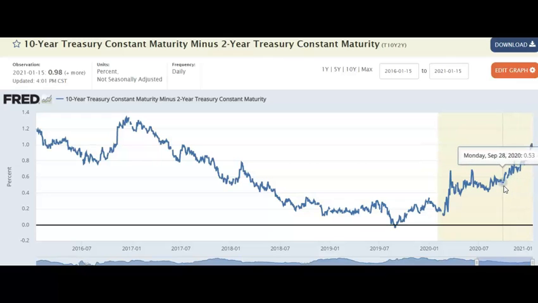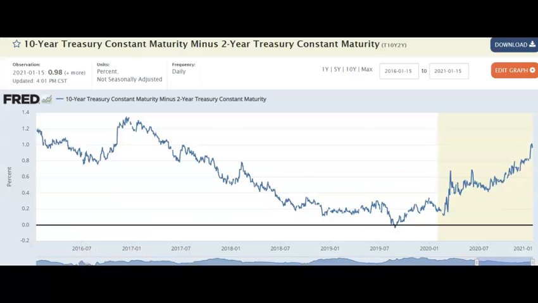So the larger this gets, the higher this yield curve goes, it means that banks are going to make more money on interest income. And again, it may mean that investors on Wall Street may start moving a lot of money into big banks because they expect inflation expectations to go higher, longer term rates to go higher, and that yield curve also to go higher, or the gap between long-term rates and short-term rates.